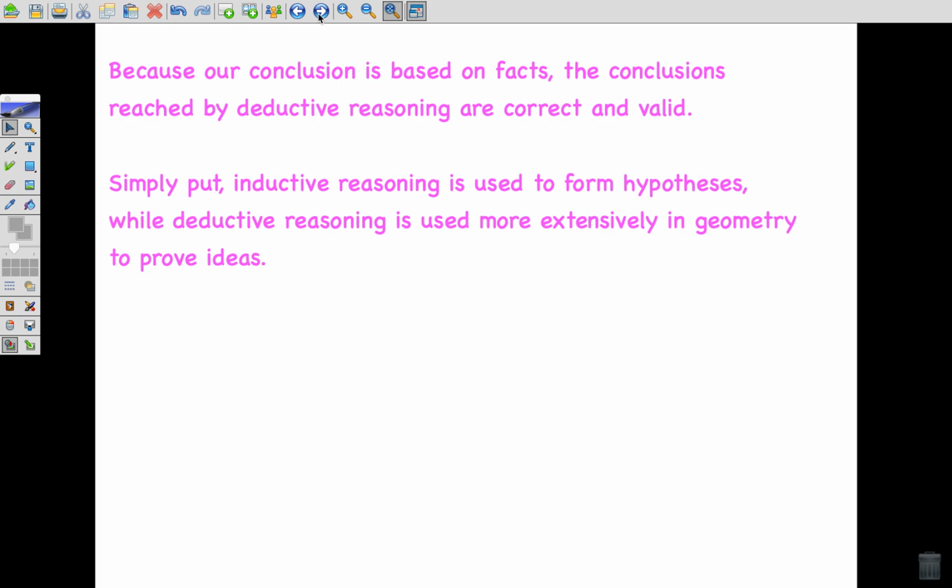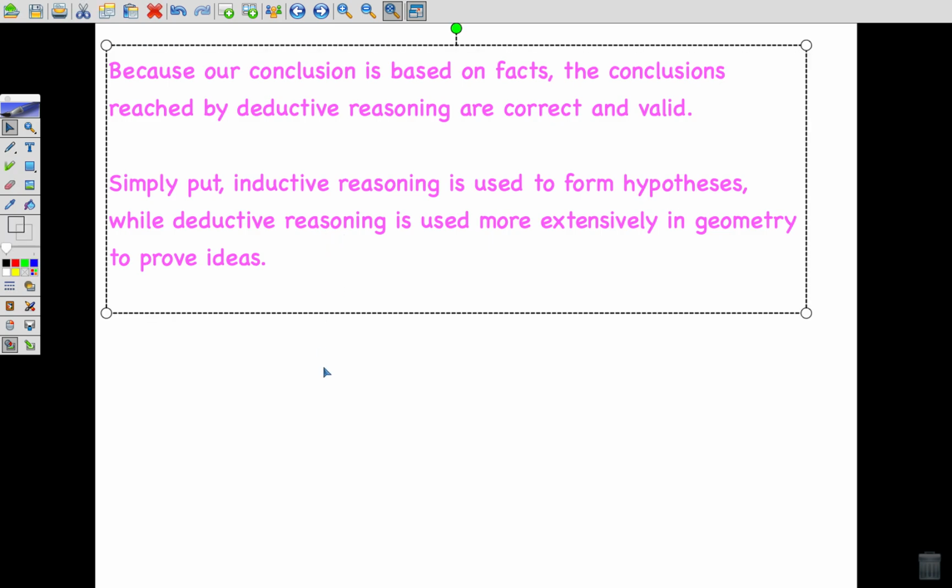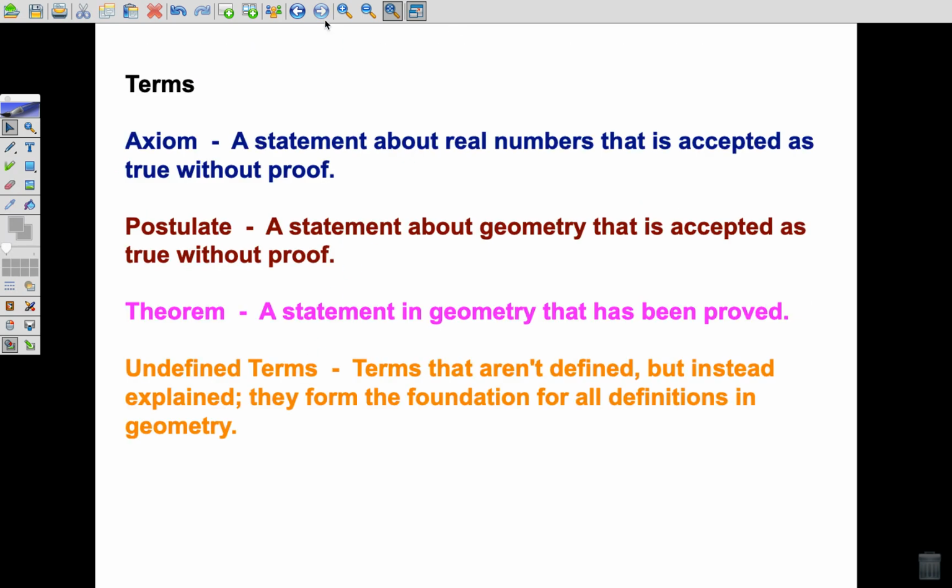So we start with a statement of fact. We see the umbrellas up, that is a fact. You cannot say they're down when you see them up, that's a fact. So therefore we get a reason to justify why that has happened. And that's the difference between inductive and deductive reasoning.